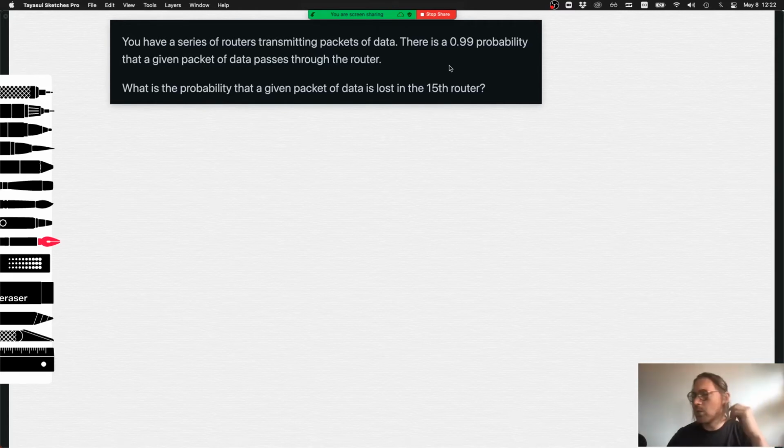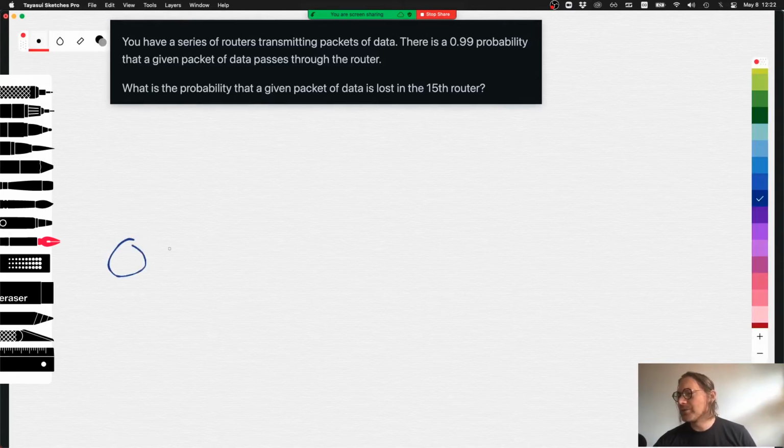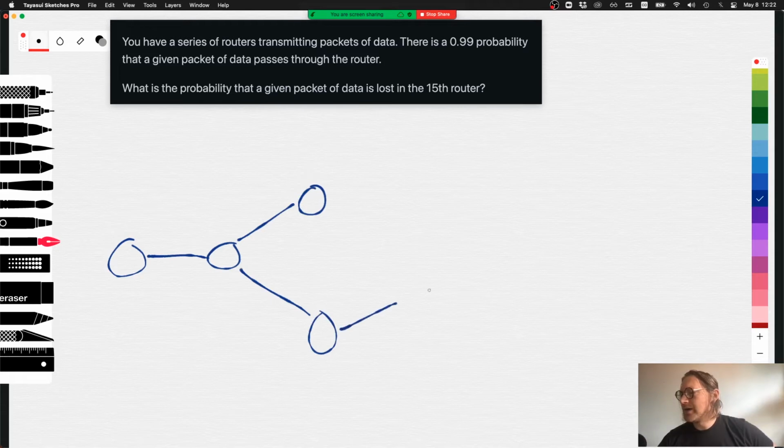Okay, so what do I mean by this? If we think about a network of routers, this is a real world place where we might think about the geometric distribution. Let's say all these routers are the same brand, and maybe they split off in these ways, and they sometimes come back together. It doesn't really matter.